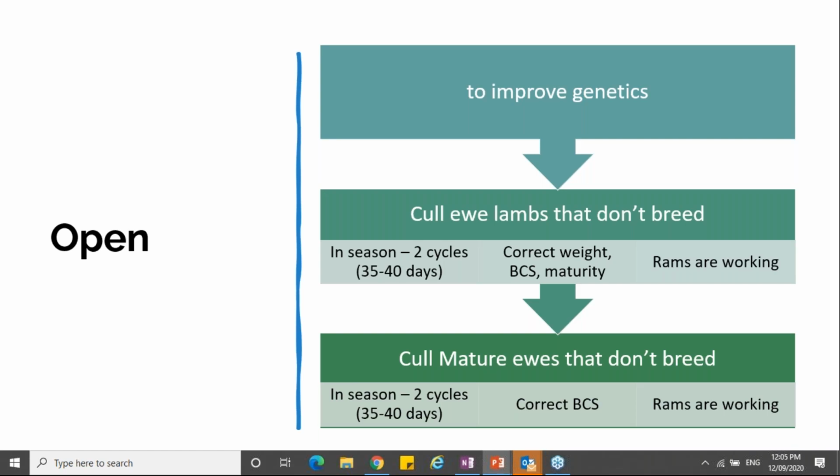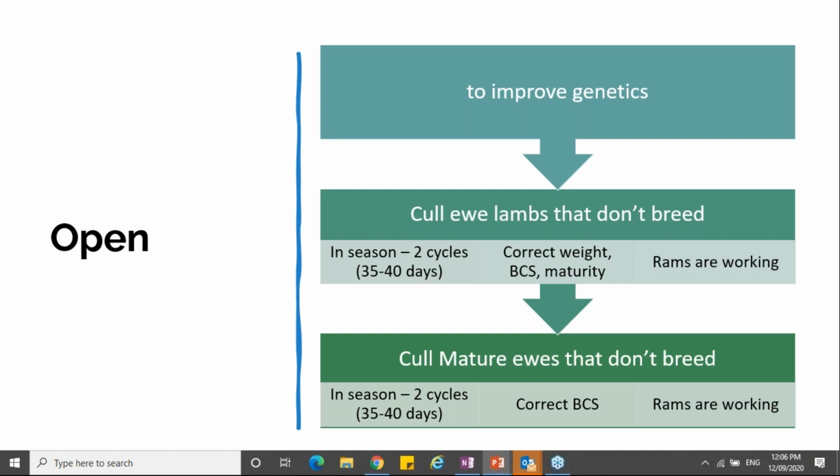On the mature side, it can get a bit more complicated. They need to be in the right body condition score. The rams need to be working. If you're on an accelerated program, if they're in season, you start to think about what else has been going on. Maybe she's open because the last 2 times she bred was once in season, once out of season.